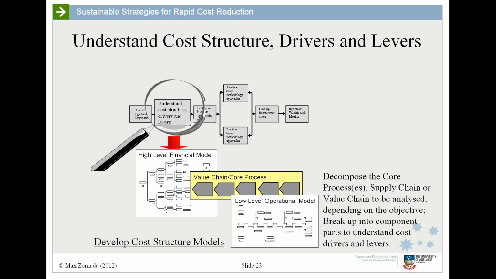That allows us to have an excellent understanding of the cost structure of the organisation, what the sensitivities are, what drives it, what options we have to change it, what areas are more critical, and what areas are less critical.